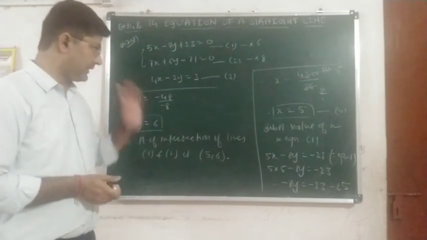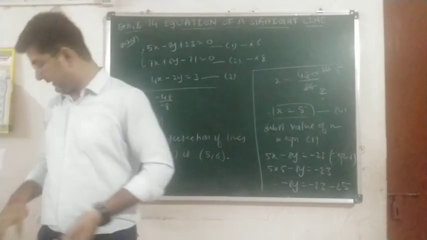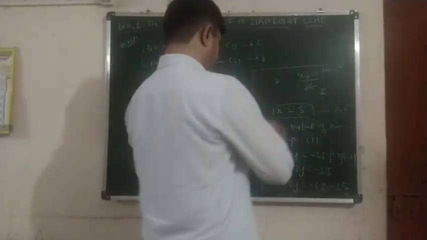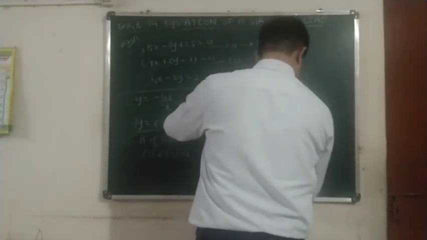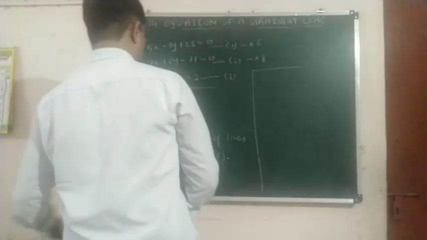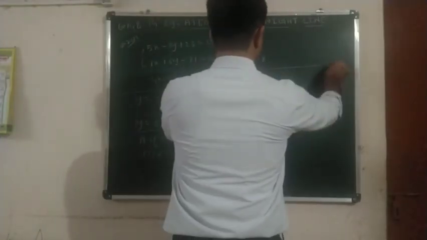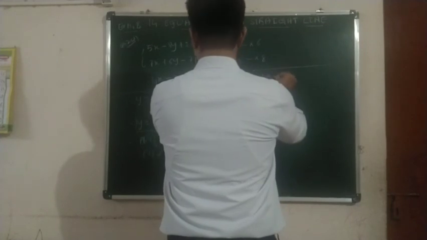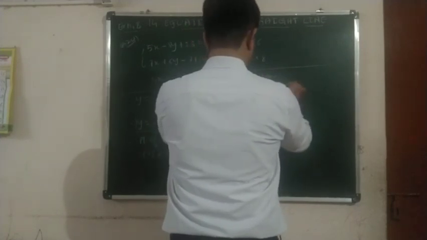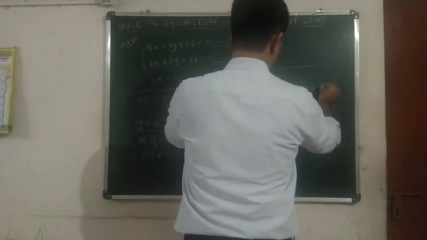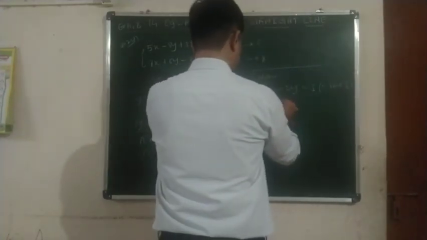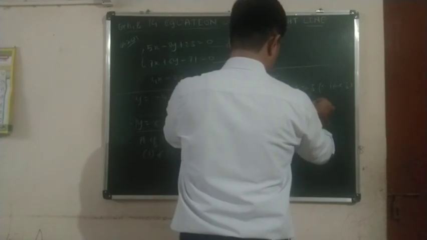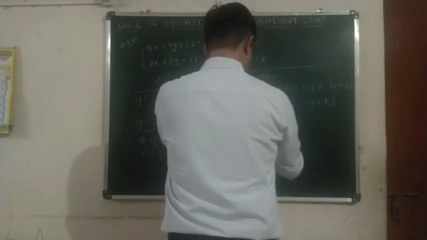Clear? So let us find out now the slope of line 3. Okay, now 4x minus 2y is equal to 3. This is line 3 or equation 3. Therefore minus 2y is equal to minus 4x plus 3.